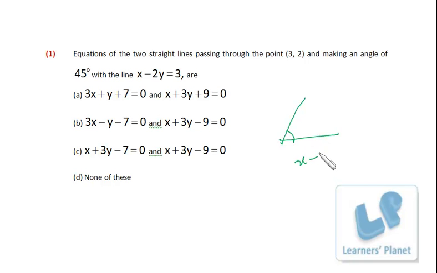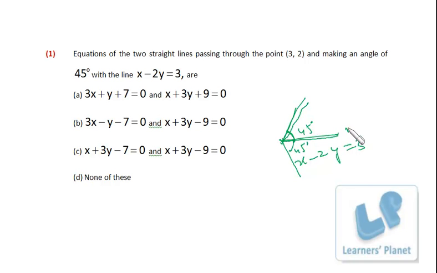Suppose this line is x - 2y = 3. So the two lines can be this line or this line. This line will make an angle of 45 degrees and this line will also make an angle of 45 degrees. So we can get two such lines which are making an angle of 45 degrees with this given line.